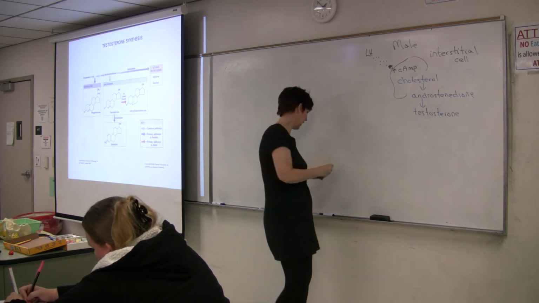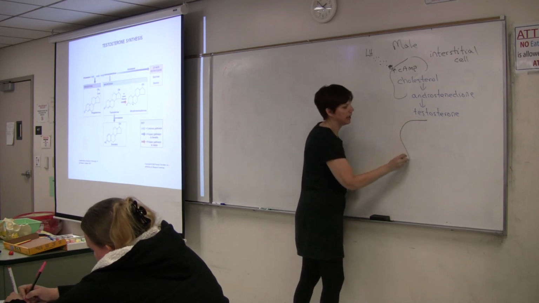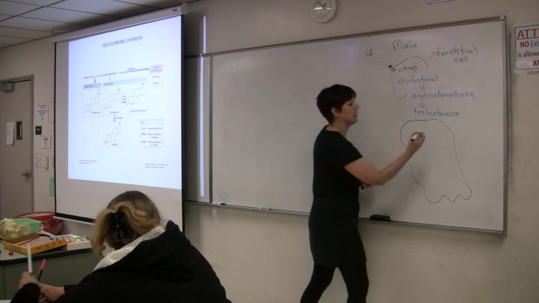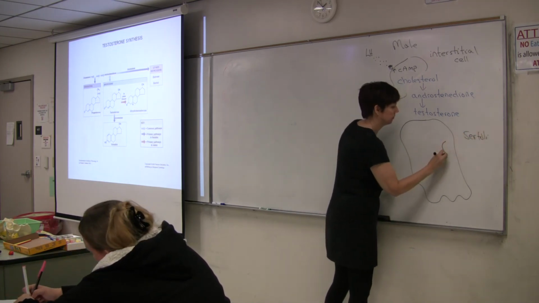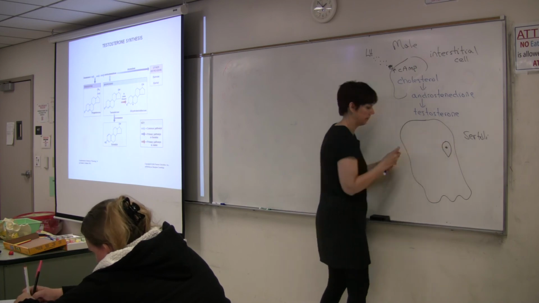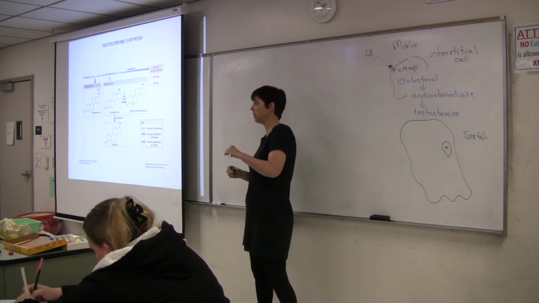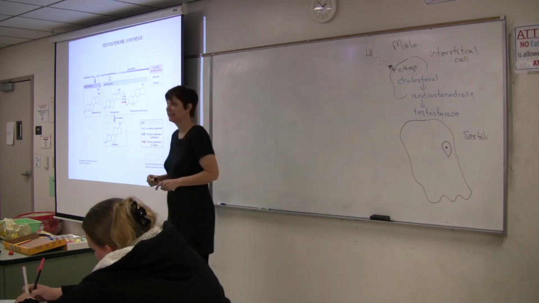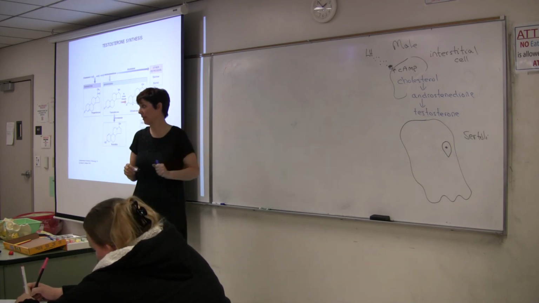Testosterone then will travel throughout the body, but it also will enter our Sertoli cells. It's going to bind to membrane receptors or cross the plasma membrane to cytoplasmic receptors. Cross the plasma membrane because it's made of cholesterol. It's lipid soluble. All right?